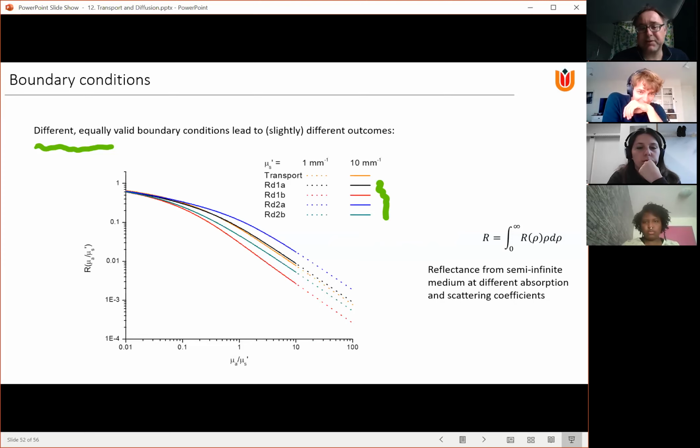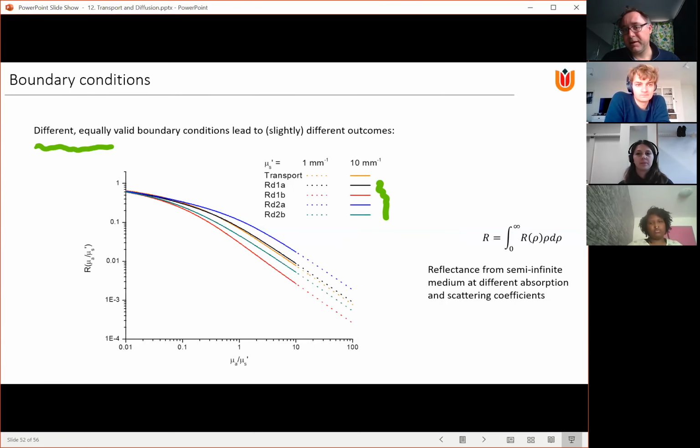But this is just a result of this truncation, of the fact that you do this development in spherical harmonics and Legendre polynomials, but you only keep the first and second order. That introduces some inaccuracy, and that inaccuracy is exposed in this case by using these different boundary conditions. Of course, people have been wondering, that's all good and nice, but one of them has to be the best.